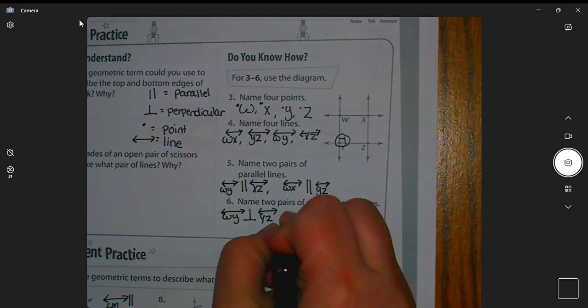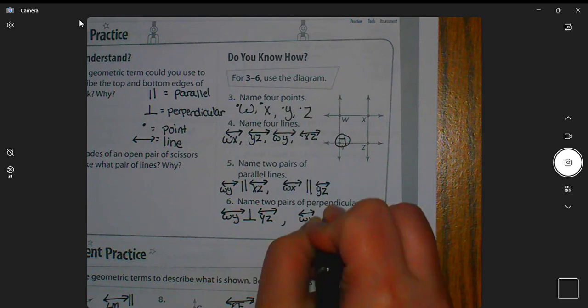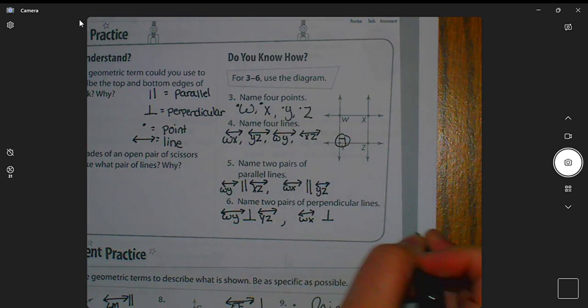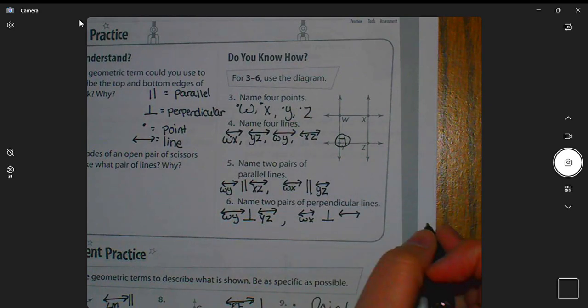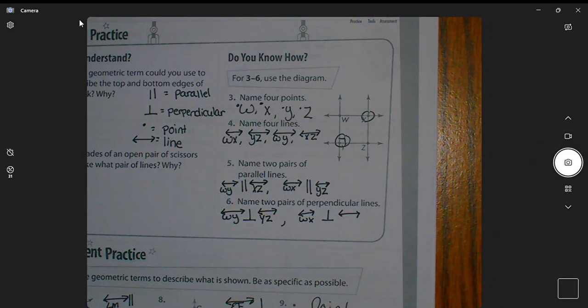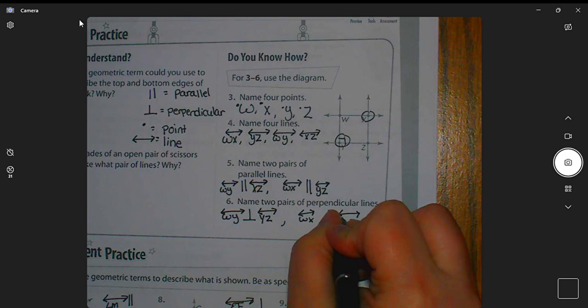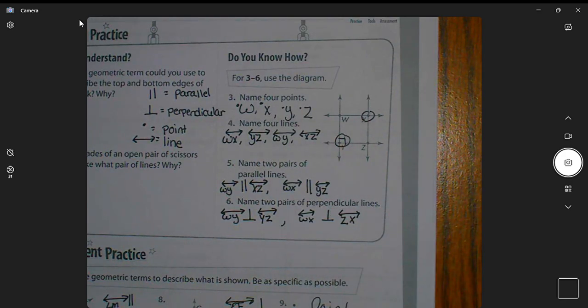Let's look at another one. I'm going to say line WX is perpendicular to line, what shares with X? Yeah, line ZX or XZ, however you want to say it.